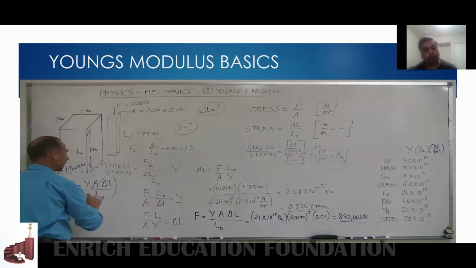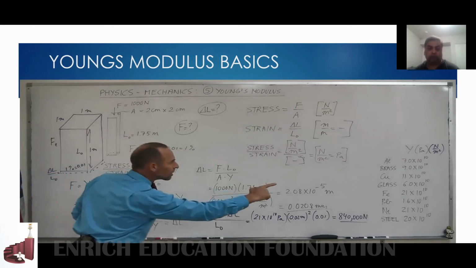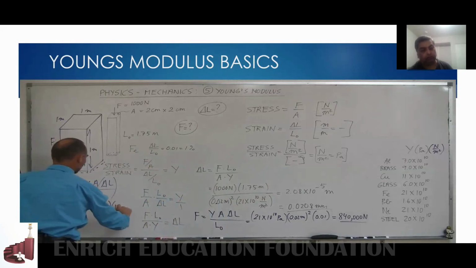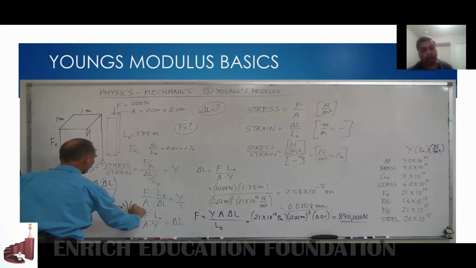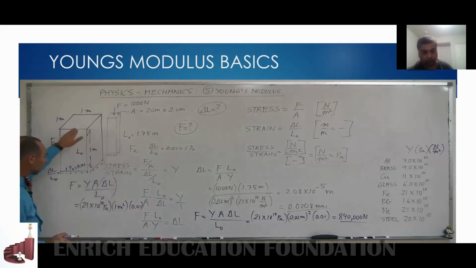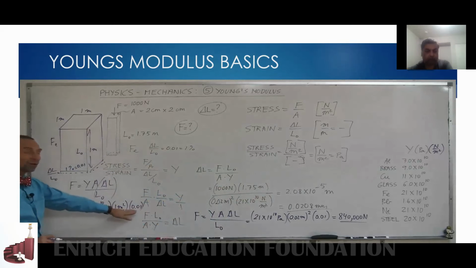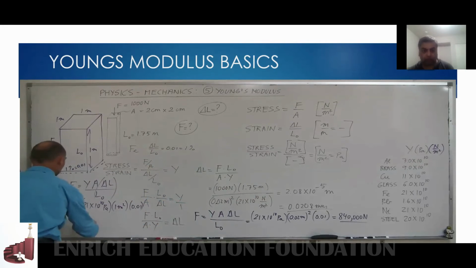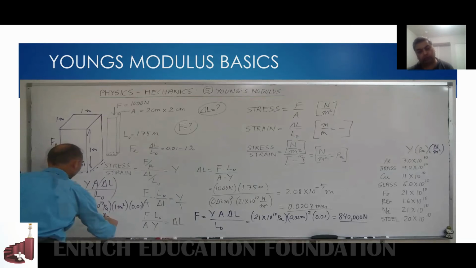So for iron, Young's modulus is 21 times 10 to the 10th pascals, that's newtons per square meter, times 1 meter squared, times 0.01. Now that we use a standard unit for cross-sectional area, 1 square meter, and we are looking for a deformation of 1% or 0.01, notice that the result will be 21 times 10 to the 8 pascals.